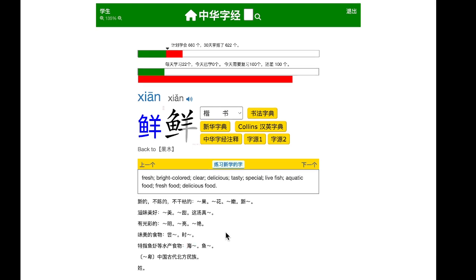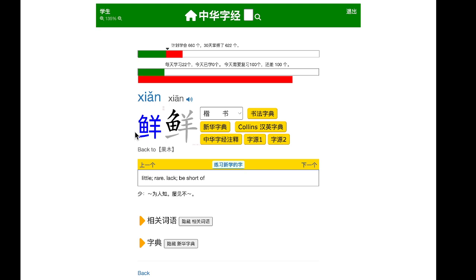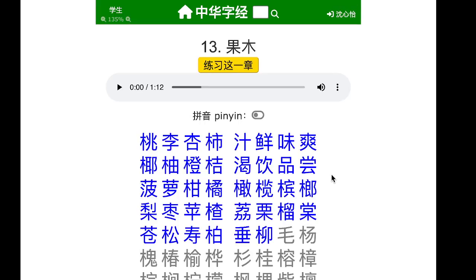That's what we call seafood. We got alternate reading. 鲜, which means little, rare, lack, or be short of. 知鲜, we're talking about that delicious, sweet, refreshing juice.